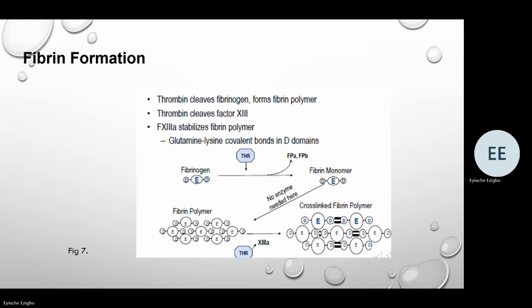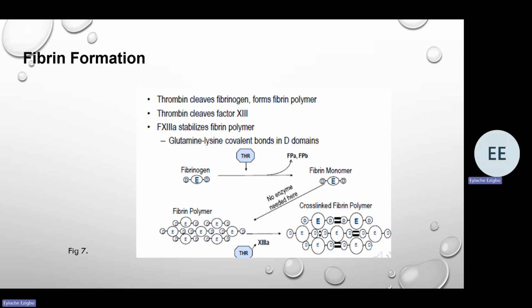As we illustrated in the previous slides, the thrombin cleaves fibrinogen, which circulates briefly as fibrin monomer, but soon polymerizes to form a loose clot called the fibrin polymer.